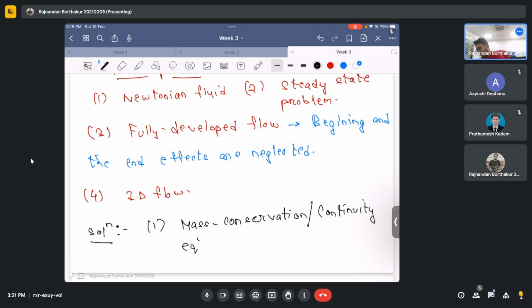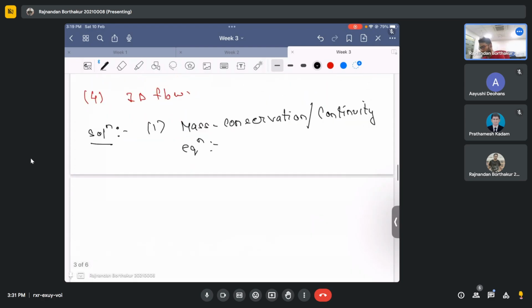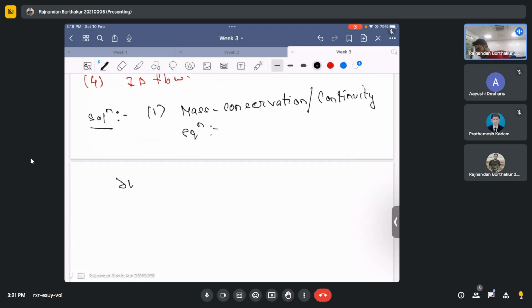So when we apply the continuity equation here, what is it? It is just del u by del x plus del v by del y equals 0, because we are looking at a planar problem where there is no z direction. Now the 1D flow assumption suggests that the y directional velocity is 0.